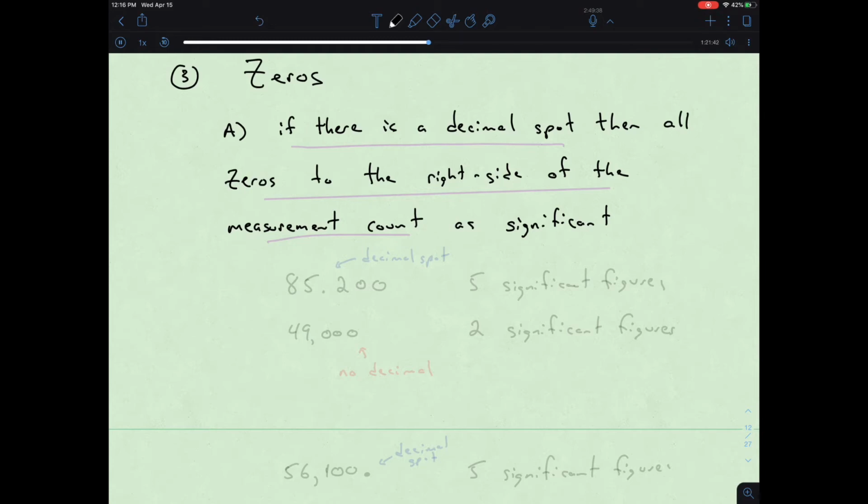So if I had an example of 85.200, there are 5 significant figures here. But if I had a value of 49,000, there's only 2 significant figures. There's no decimal spot, while above, we do have a decimal.